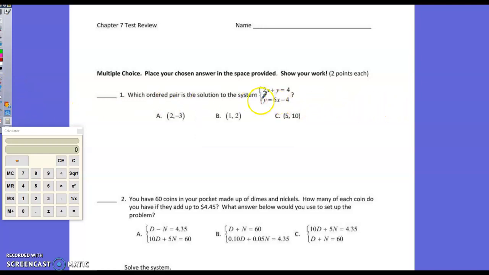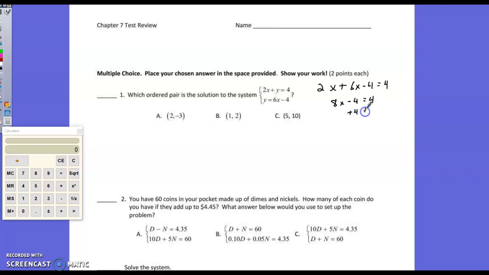Alright, so the first one, which ordered pair is the solution of the system, we're going to set this up in substitution. So 2x plus, and we're going to substitute 6x minus 4 equals 4. Combine like terms. 8x minus 4 equals 4.